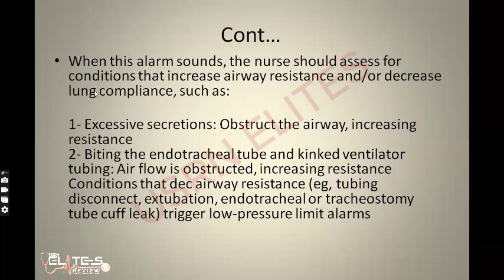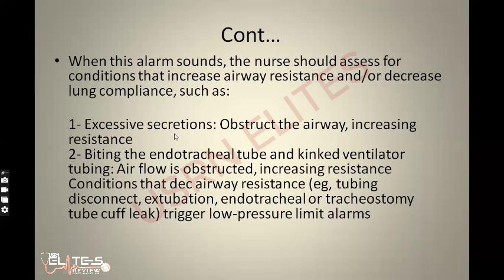So, continuing, you are saying when this alarm sounds, the nurse should assess for conditions that increase airway resistance and/or decrease lung compliance, such as... So we are looking at those things that can give us high pressure alarms, or high peak airway pressure. The first one can be excessive secretions.